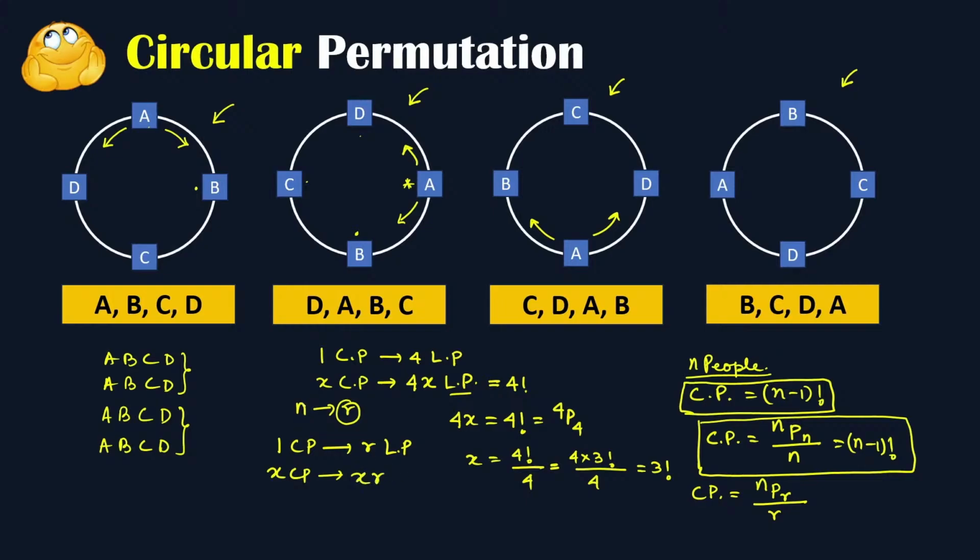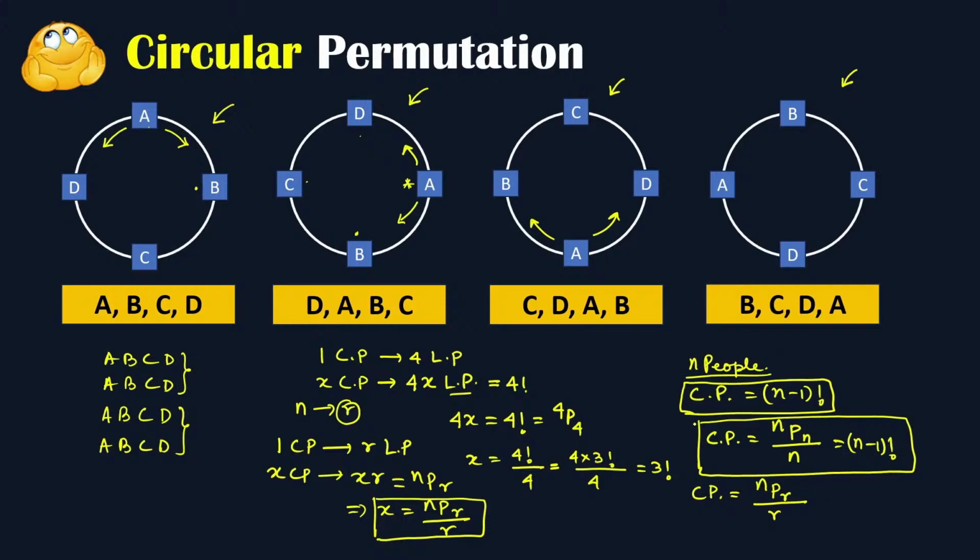Now out of n, if you choose r and permute, what is the total number of permutations taking r from n distinct objects? It's nothing but nPr. So that gives us x is nothing but nPr divided by r. That is why I told you to remember it in this way.